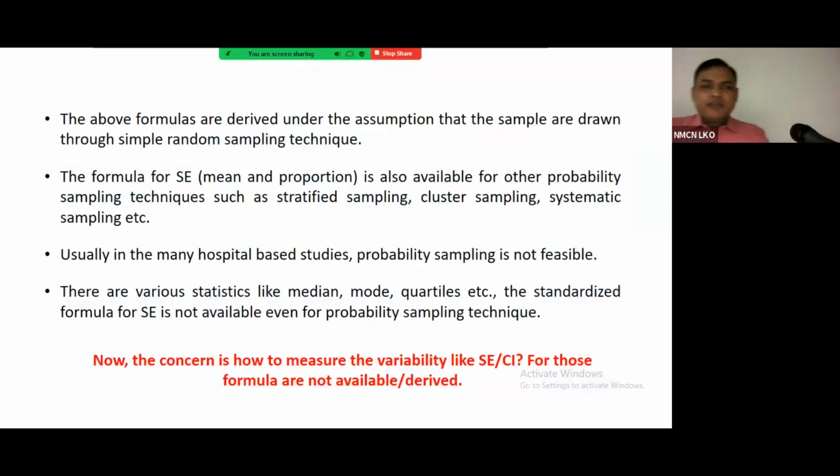Now the above formulas are derived under the assumption that the samples are drawn through simple random sampling techniques.